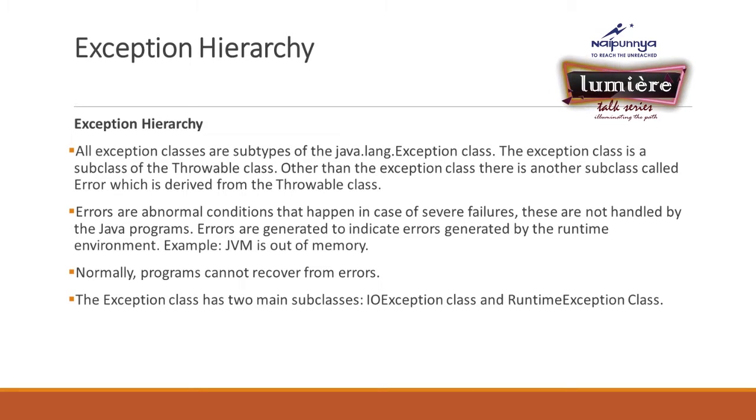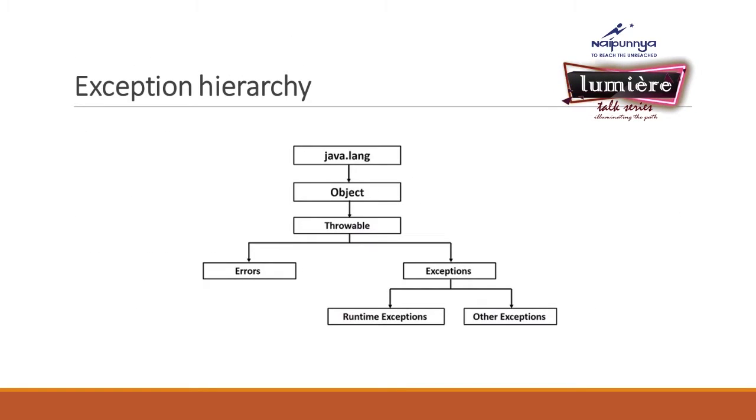We can place all these classes in the form of a hierarchy. On the top you have java.lang, then Object, then Throwable, and the subclasses of Throwable are Error and Exception. And Exception has its child classes, that is RuntimeException and other exceptions. So this is the exception hierarchy.